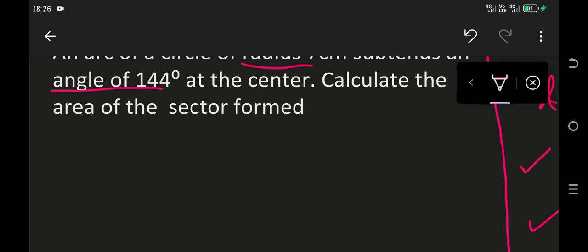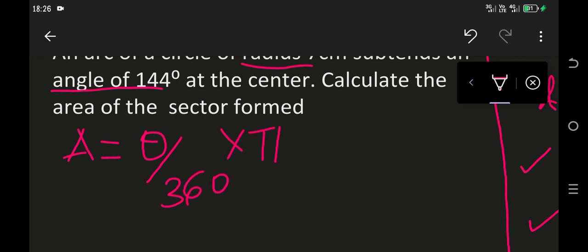So area of a sector is found using the formula theta over 360 times pi r squared, where theta is the angle subtended at the sector, pi is 22 over 7, and r is the radius.